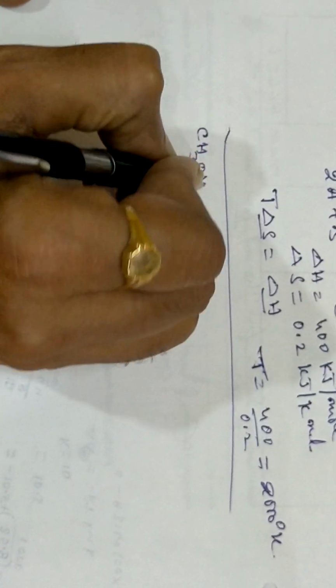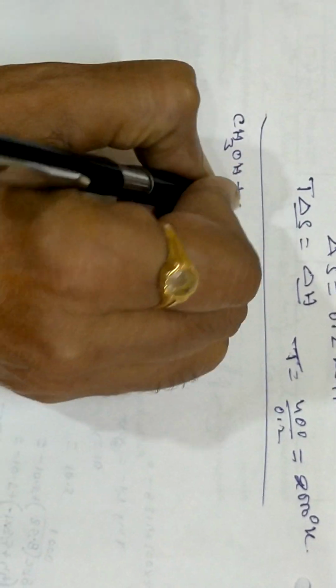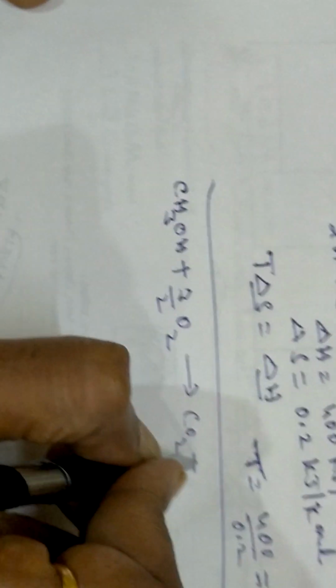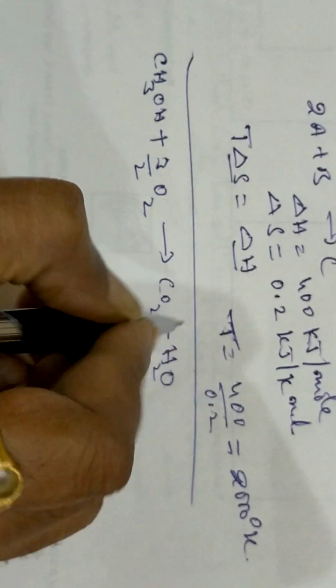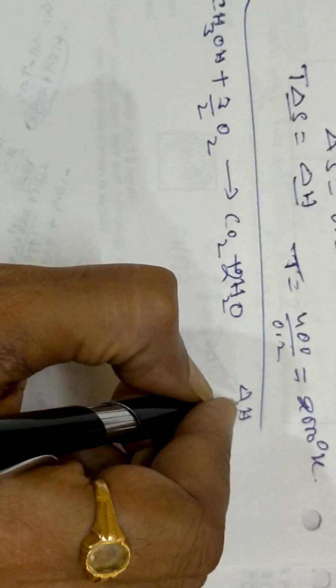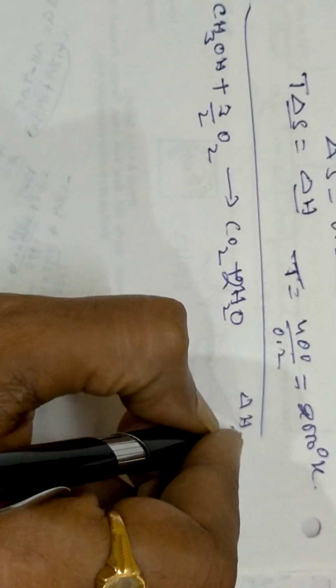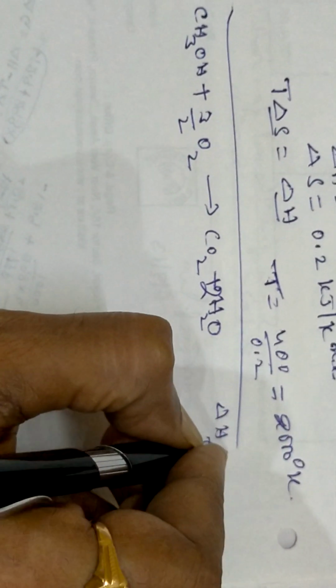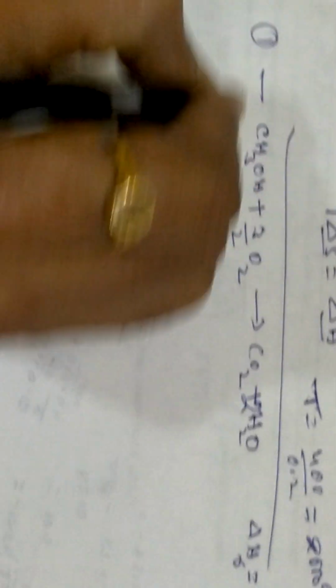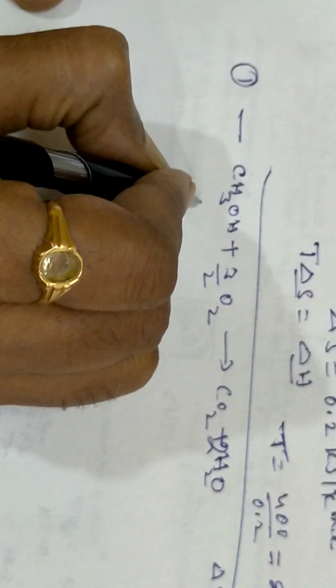The first equation is methanol combustion: CH3OH plus 3/2 O2 gives CO2 plus 2H2O, and the heat of reaction delta H equals minus 726. This is equation number 1.